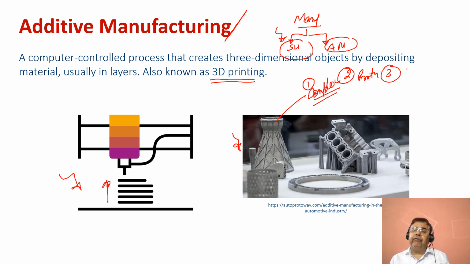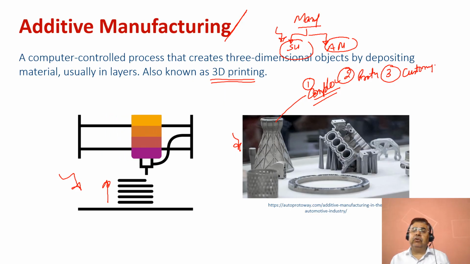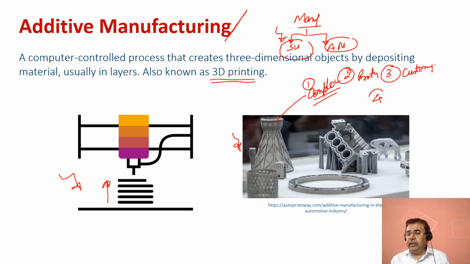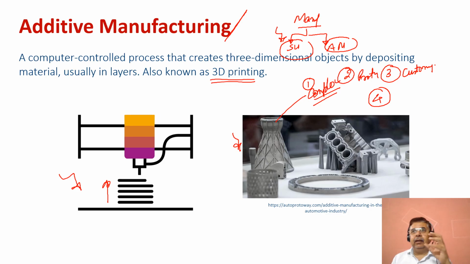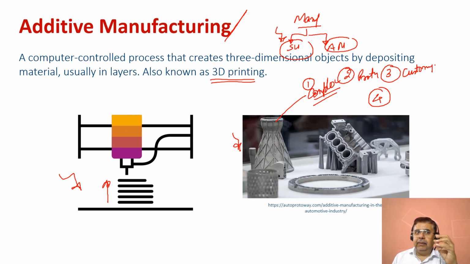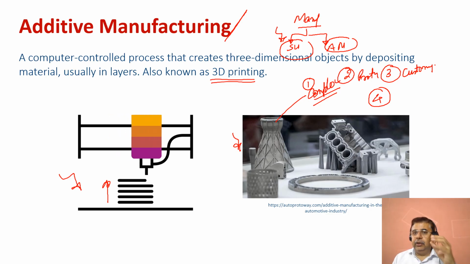And if we want to go for mass customization, then also we can go for additive manufacturing. Another important aspect is weight. We can create parts which have porosity, so we can reduce weight.